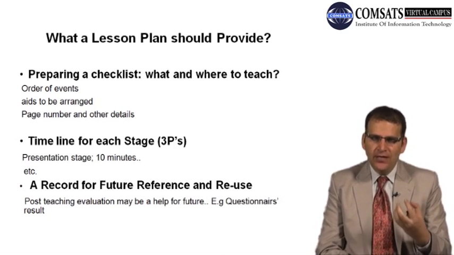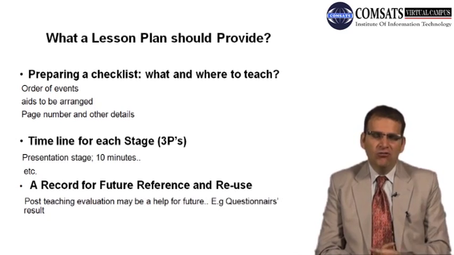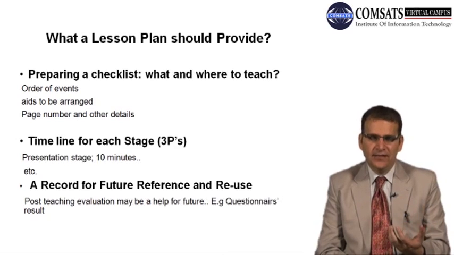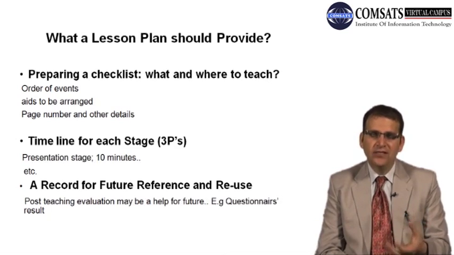Post-teaching evaluation may help for the future. For example, after having a lesson on negative sentences or complex sentences, you have an evaluation, the students give you feedback, and you realize the problems, the good points and the bad points, so you better take those points down.